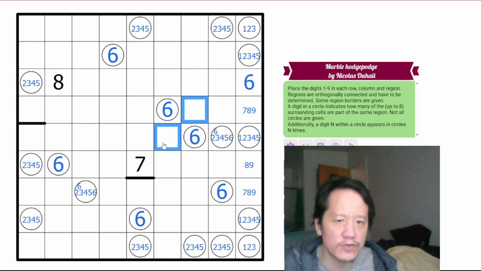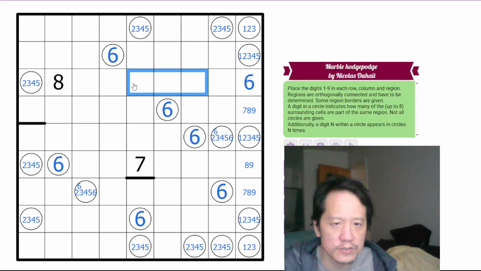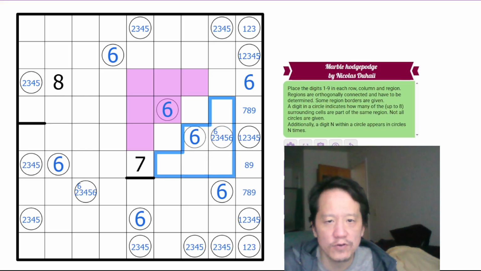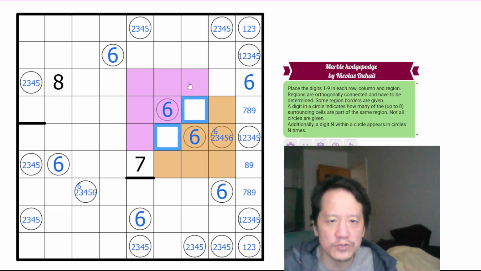One of these would have to be part of one of the regions. So we would know this would have to be at least this 1, 2, 3, 4, 5, and one of these two. This would also be 1, 2, 3, 4, 5, and one of these two. Right? Because you need 6 out of the 7. This would have to be guaranteed to be these 6, right?